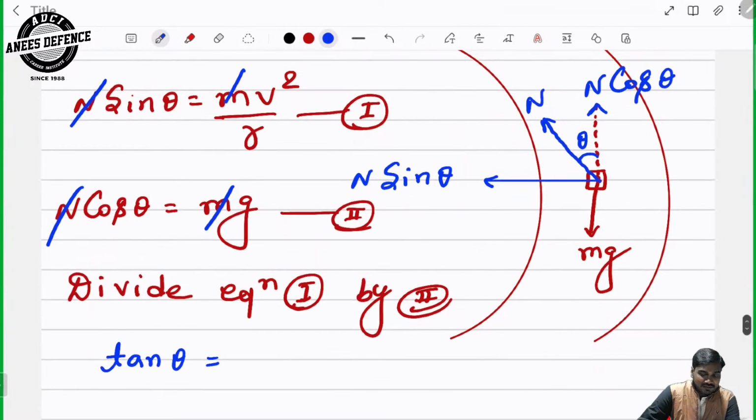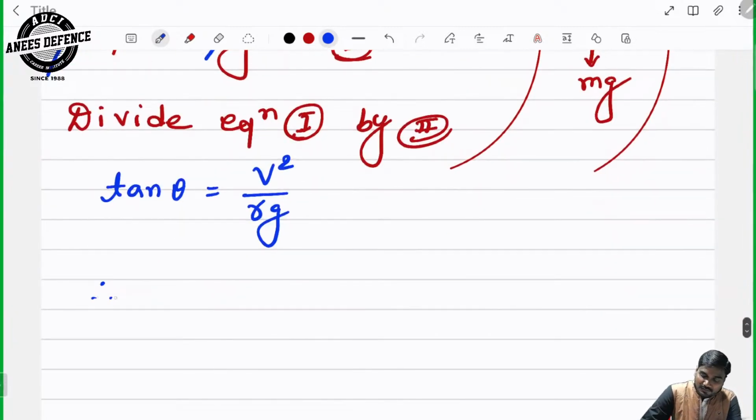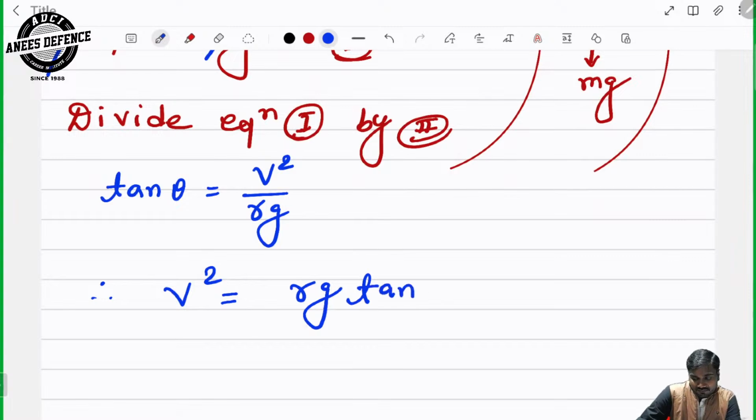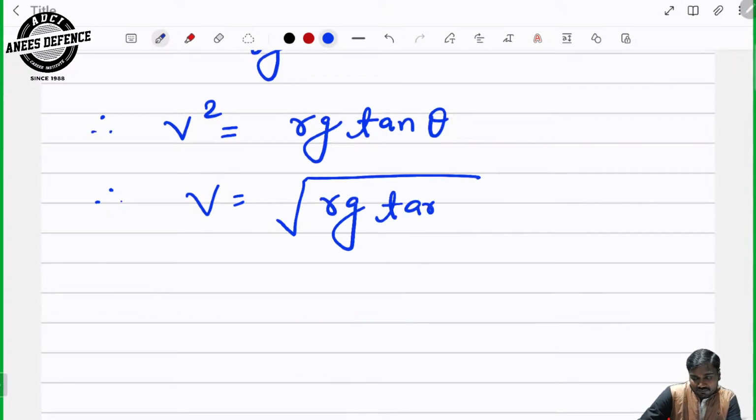Mass cancels. v square upon rg. Hence, v square is equal to what? rg tan theta. Hence, v is equal to root of rg tan theta. Yes or no? Yes.